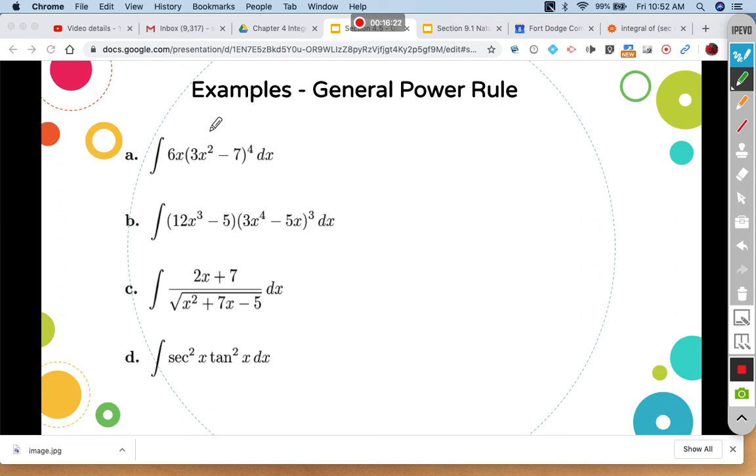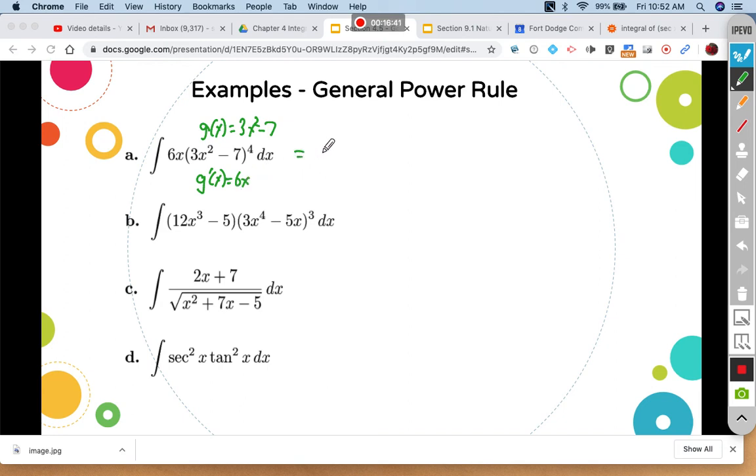So on here, my g of x is 3x squared minus 7. So our g prime of x is going to be 6x.